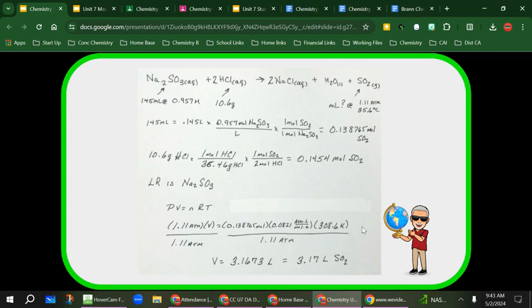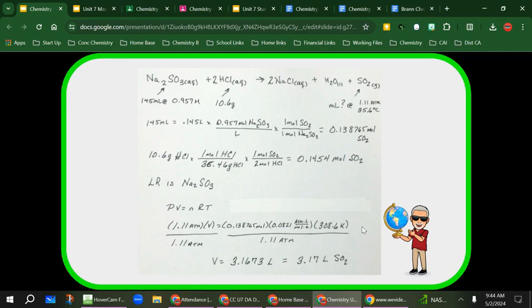You only have to solve for the one. You don't have to do twice the work. If you know that one of them is in excess, it means the other one is guaranteed to be limiting. And then you don't have to do the calculation twice, because we know which one we're going to run out of: the one that's not in excess.